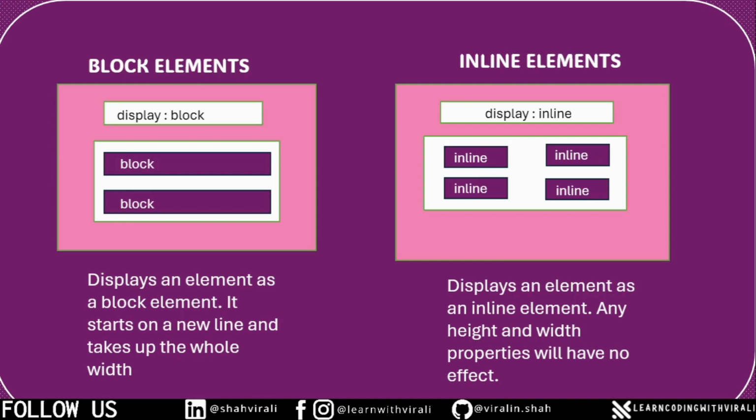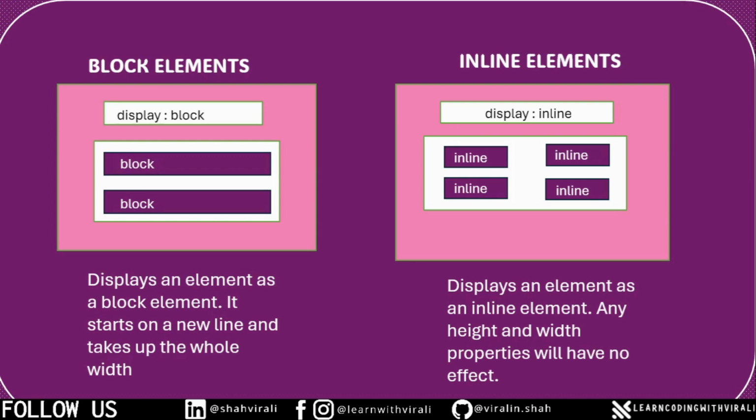Just as you can see here, an entire rectangle box is shown as a block level element. Whereas if you say display: inline, it is going to display your element as an inline element. It can be a span, it can be an a tag, or certain kinds of inline elements, for which any height and width properties will have no effect.